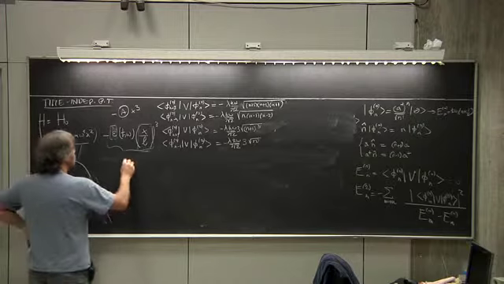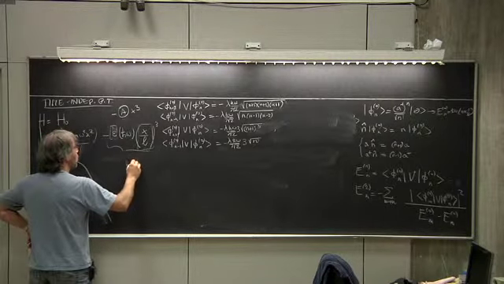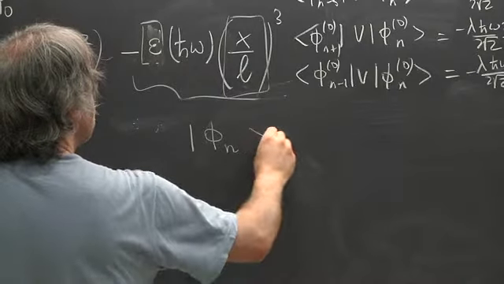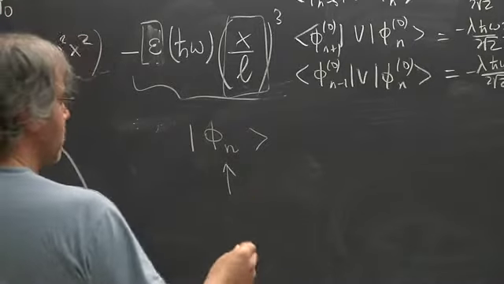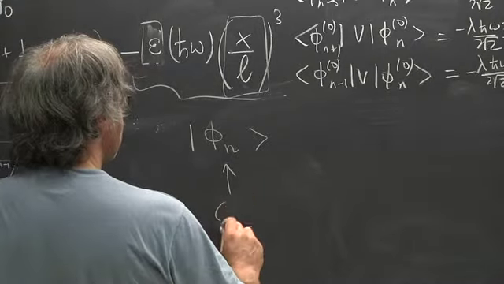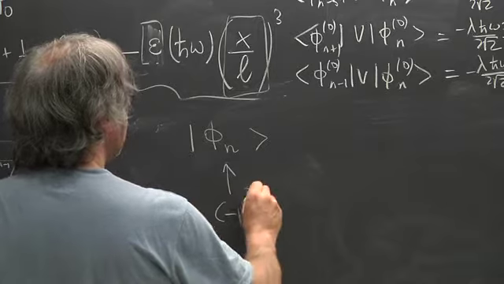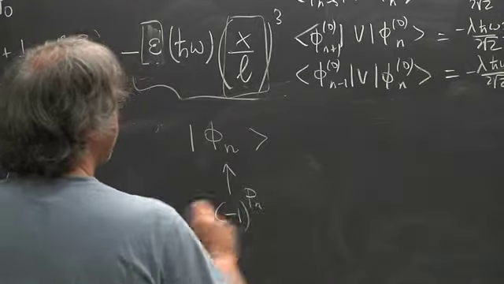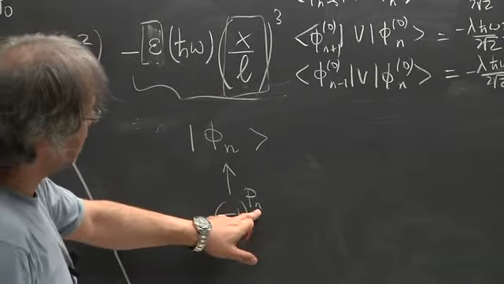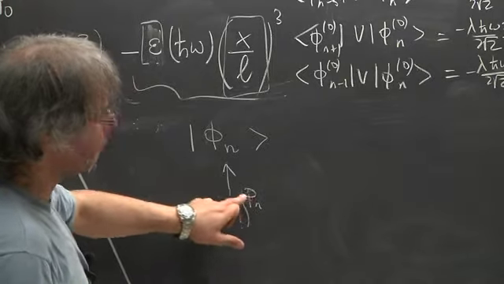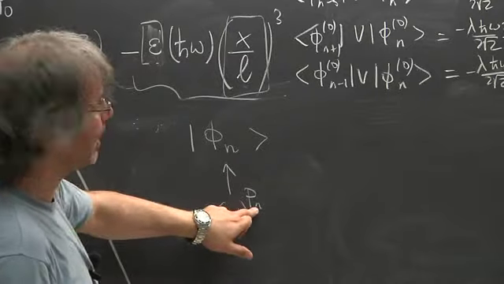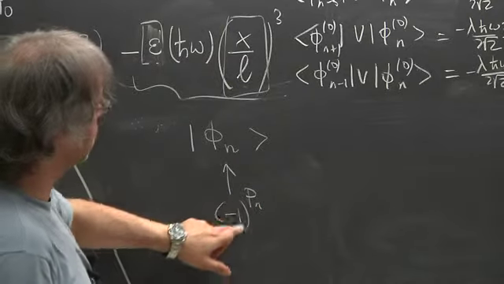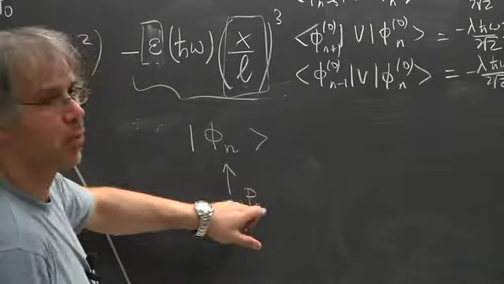Now, suppose that I have some state, phi n, which has a certain parity. Say the parity can be plus or minus. So let me say that this is -1 to the parity of the state n. The parity for me is, for instance, 0 if you want a plus parity, and 1 if you want an odd one, because -1 to the 0 is +1, -1 to the 1 is -1.